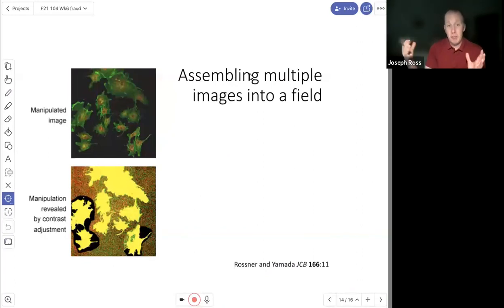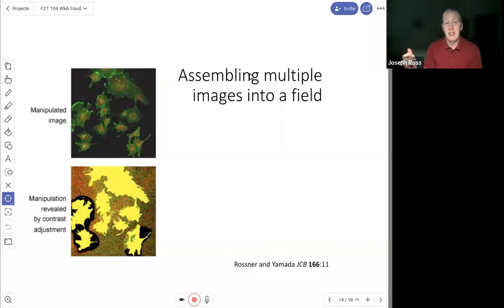Presumably just to get more data into a smaller space, because especially back when this was published, it cost a lot of money to publish color pictures in print journals. Now that we've got digital journals, it's less of an issue, but there was a premium on space on the physical printed page. So it was better if you could get more data into a smaller space instead of showing more colored pictures. So presumably that's what motivates these authors to add in some cells, probably from elsewhere in the same experiment.